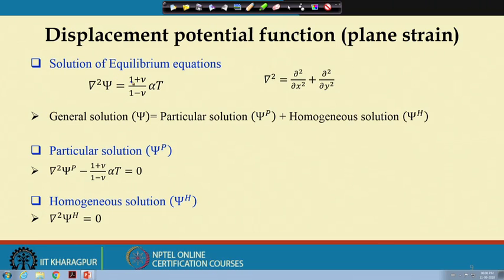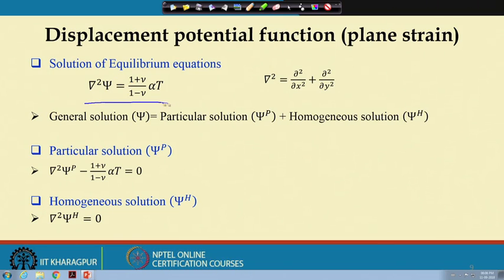So you have two equilibrium equations. Once you write them in terms of displacement and substitute this displacement potential function, you arrive finally, after integration, at a single partial differential equation, a two-dimensional equation, which is this.